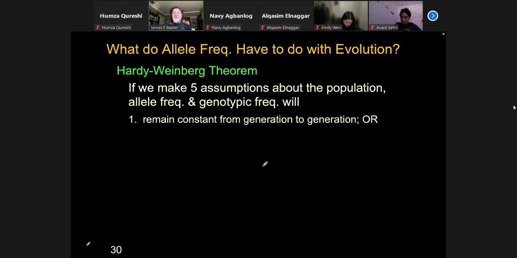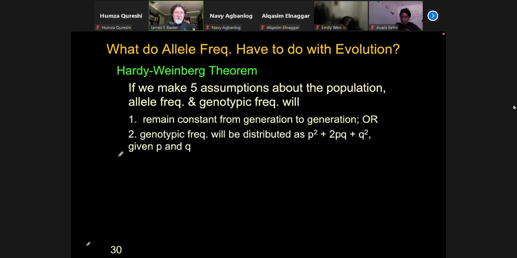The definition of microevolution is a change in the genetic makeup of the population from one generation to the next. If allele frequencies are changing or genotypic frequencies are changing, then the population is evolving. Okay, so either they will remain constant generation to generation, or the genotypic frequency will not be distributed according to this formula, p squared plus 2pq plus q squared.